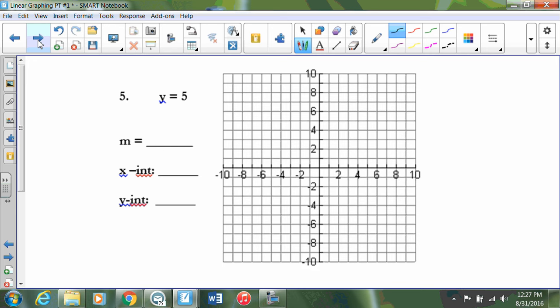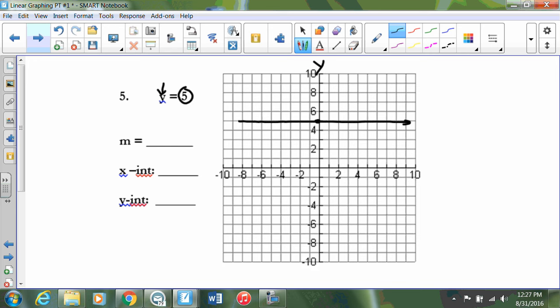Okay. The next one, we've got y equals 5. 2 steps. The first step is, see how it says y equals 5? That means go to the y-axis, find the 5, put your circle on it, and we can either memorize that when we have y equals a number, it's always a horizontal line through that number.